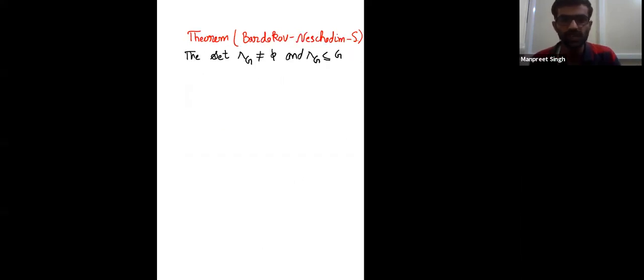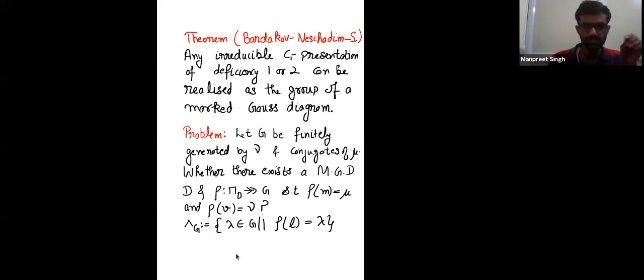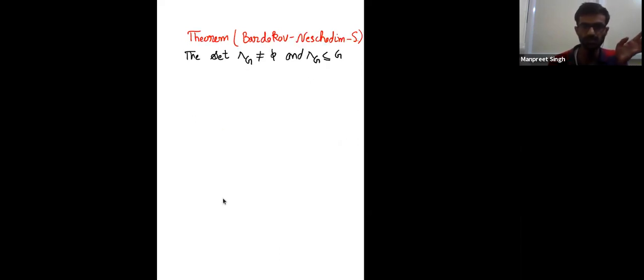So lambda_G is basically the set of elements in G which are images of the longitude. So the question is whether we can find such representations or not. So we have proved that yes, we can find such representations, and the set lambda_G is basically a subgroup of G.